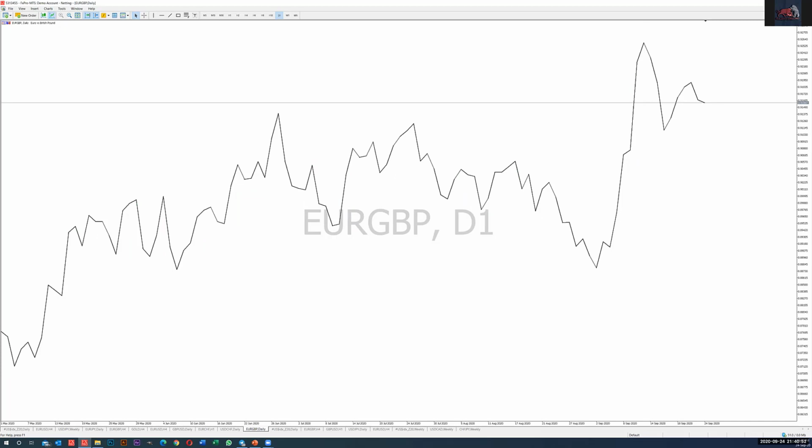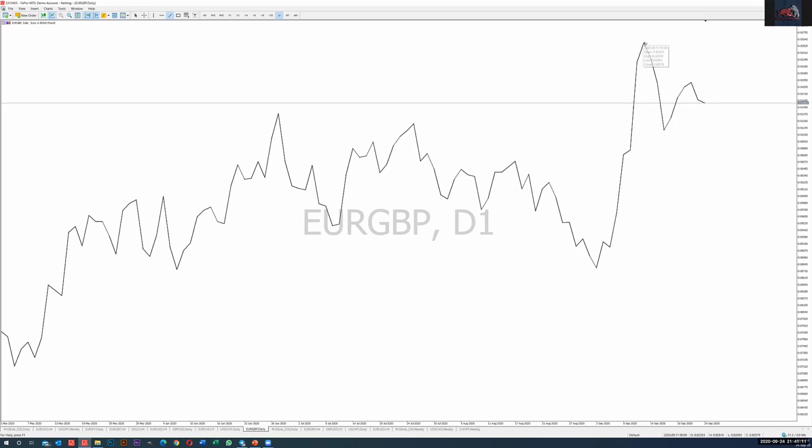Now we've got this low here, and we've got this low here, and we have this high. So I'm going to draw my trend line from those two lows and that high.